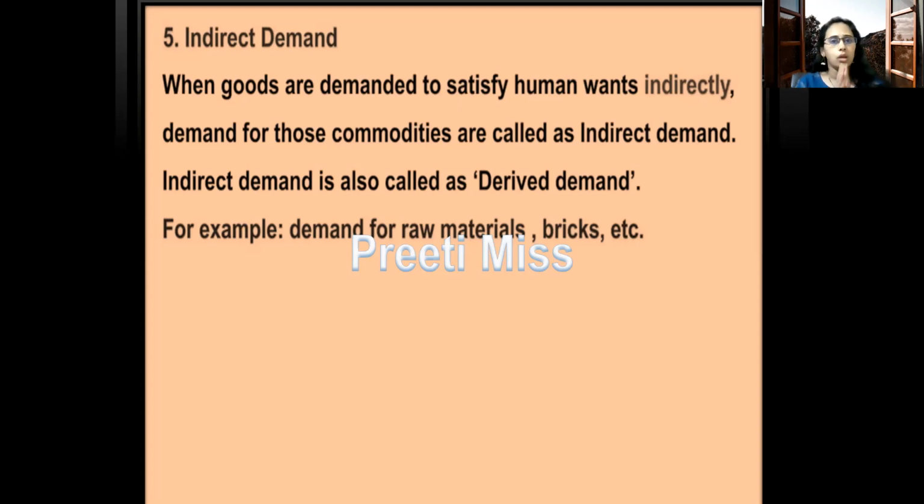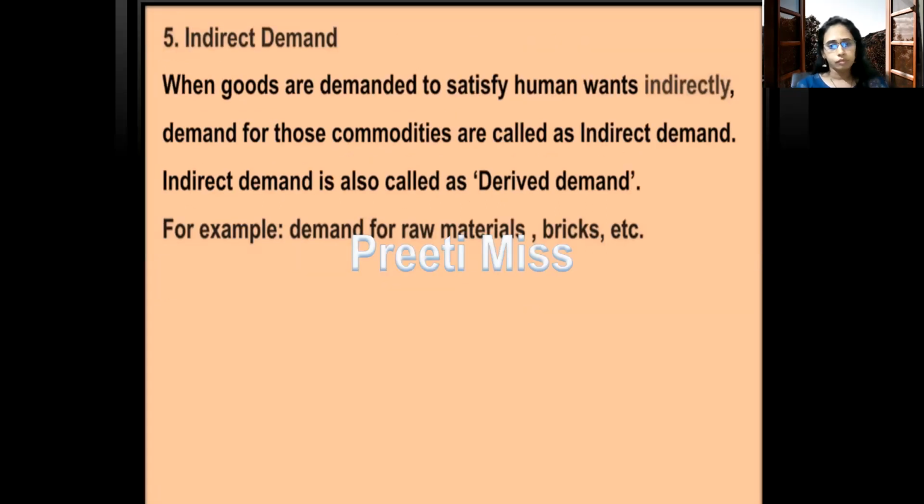So all these are required because of production of soap. So why are we calling it indirect? Because we don't go to a shop and say that I want 1 lakh capital, or we don't say I want 5 labors, give me. It's not like that. That's why they are called indirect demand.